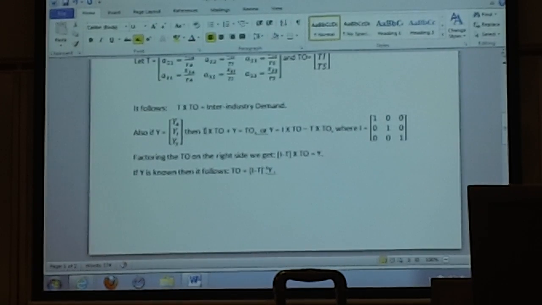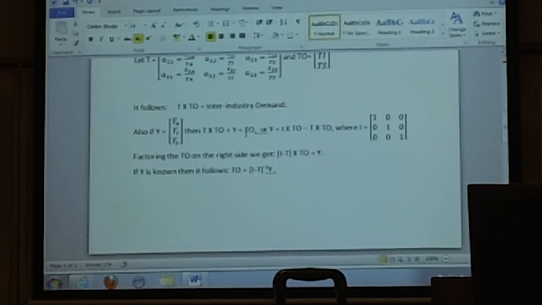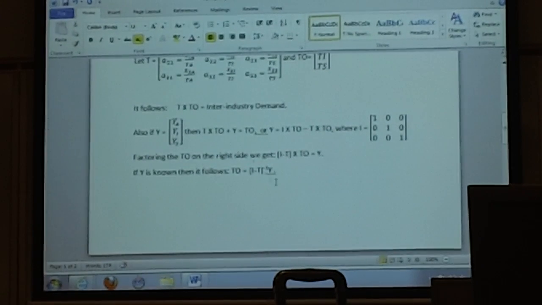So this is a matrix equation. T times T sub 0 is the inter-industry demand, plus Y, which is the final demand, will give you the total output.